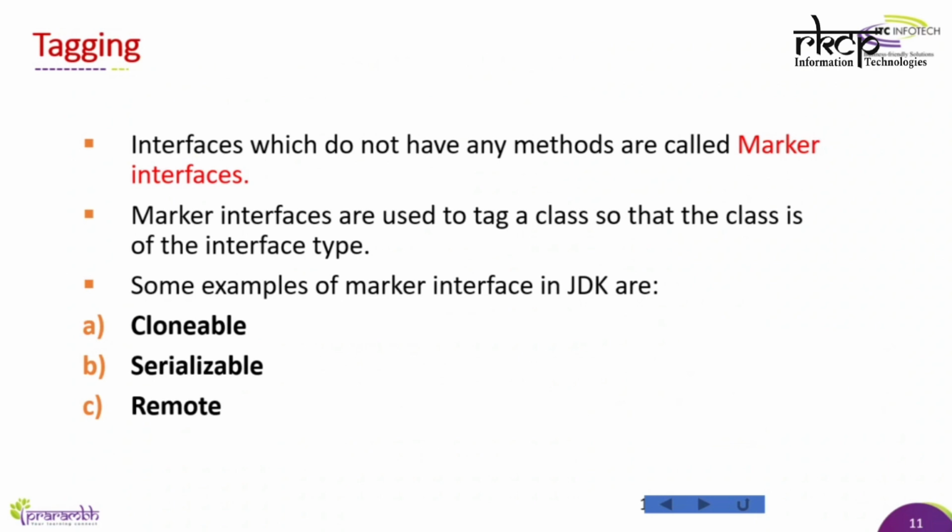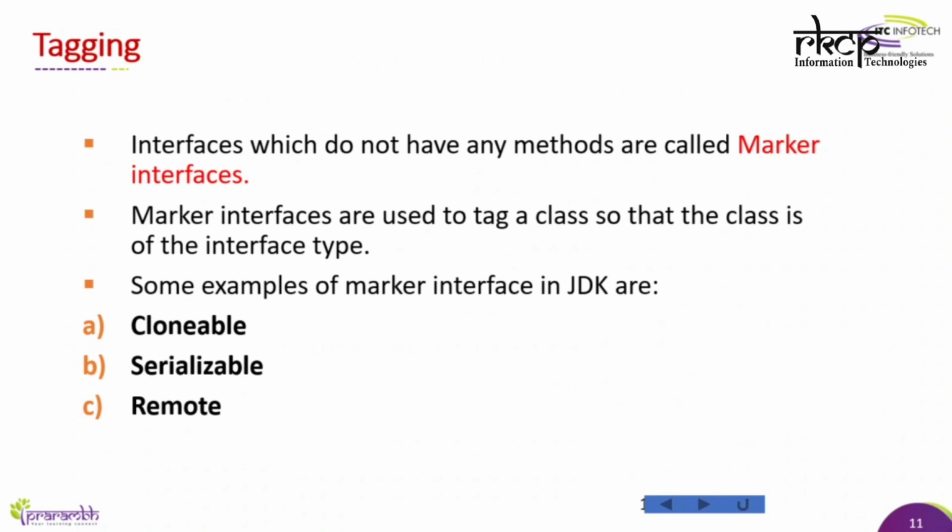The main purpose of a marker interface is tagging. So the question is, to whom does it tag? It tags to your JVM. Especially you use a marker interface in your program if you are going to access some external resources, like if you want to create a clone, store some object into a file, or access some remote machine.